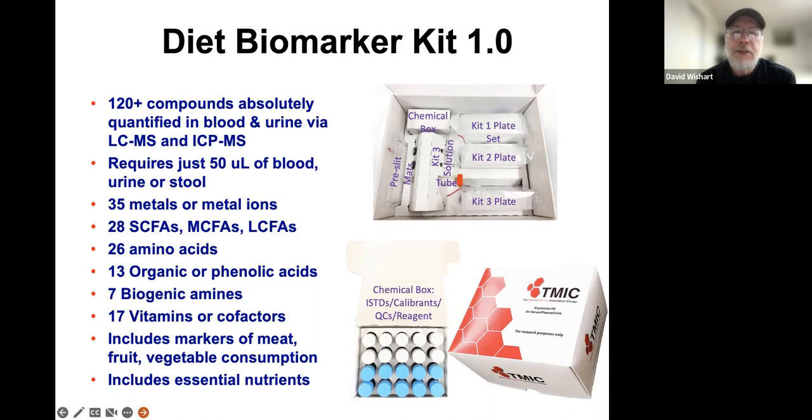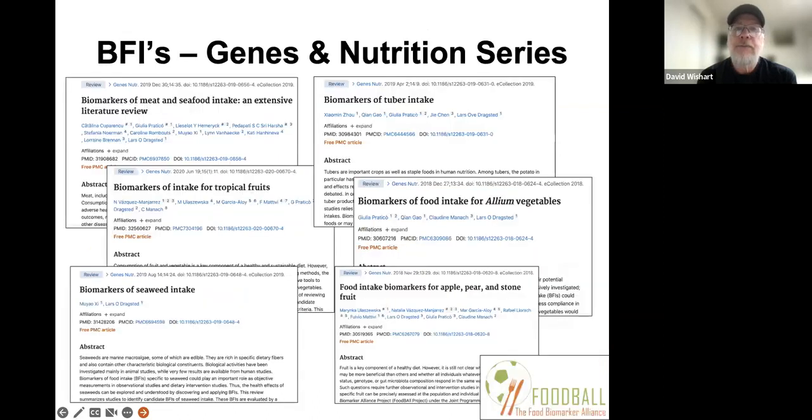And so these cover markers of meat and fruit and vegetable consumption. We're expanding this. This kit will be somewhere over 200 compounds by, I hope, the end of December. But again, it's always changing, always evolving.